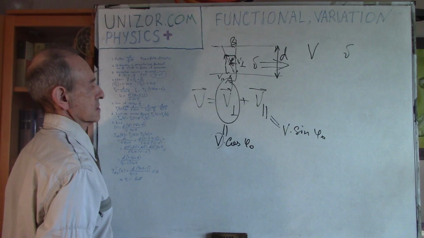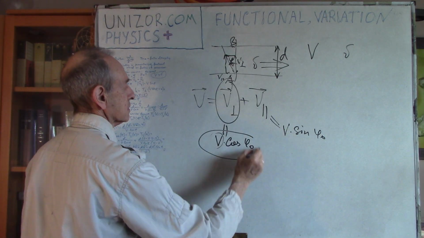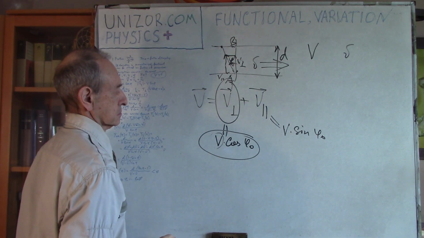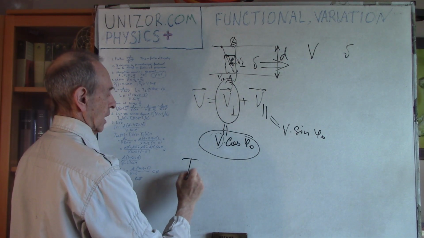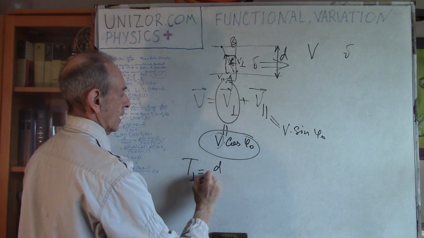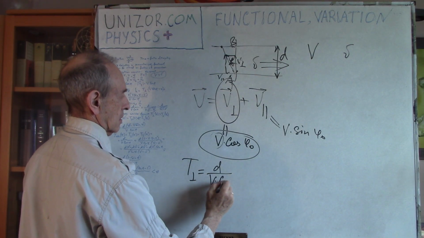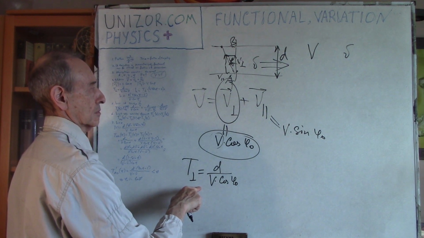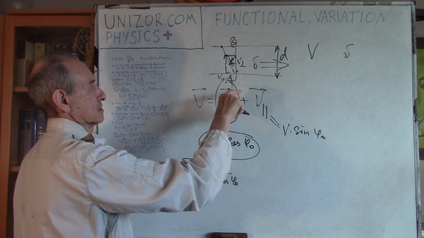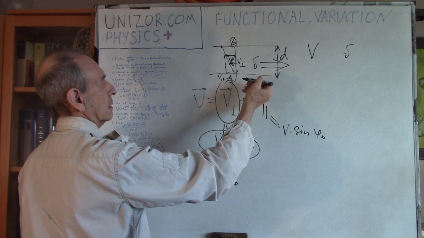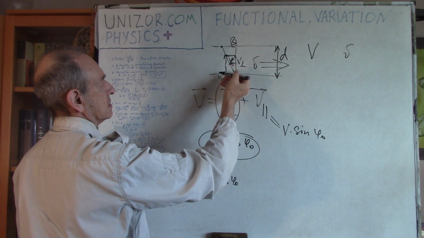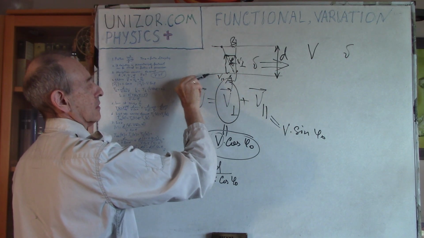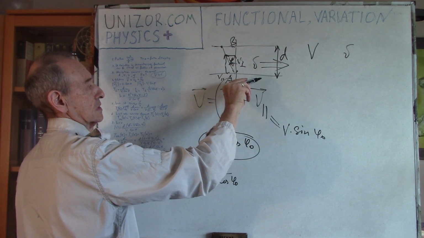So what happens? First of all, I have to spend a certain time to cross the river to get to some point, right? And the time perpendicular would be d divided by this speed. Now, during this time, my horizontal speed would be v sine phi 0 in this particular direction, but my current will move with the lowercase v.